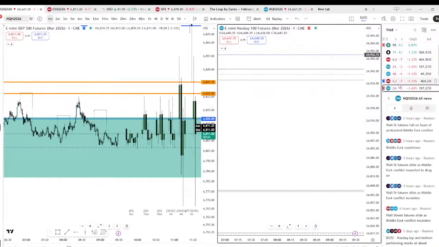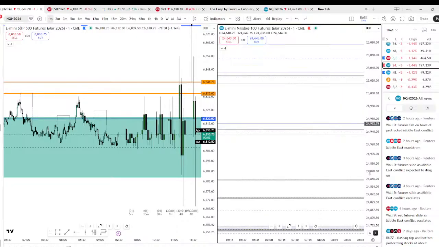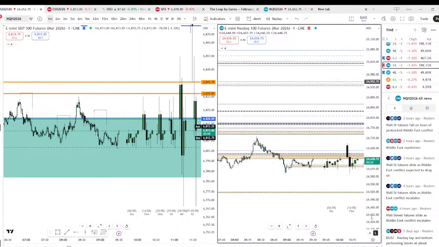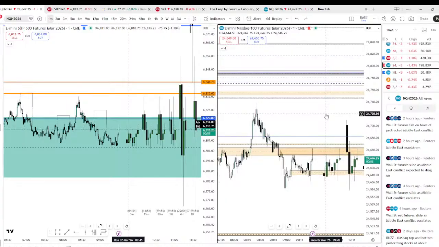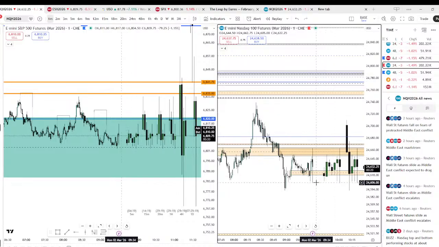Let's take a look at the NQ in here. Sell side taken out.